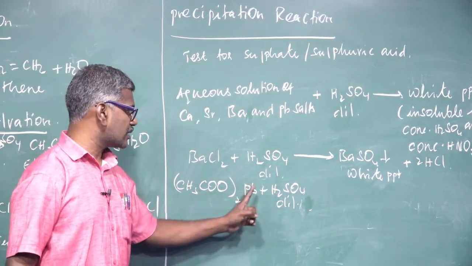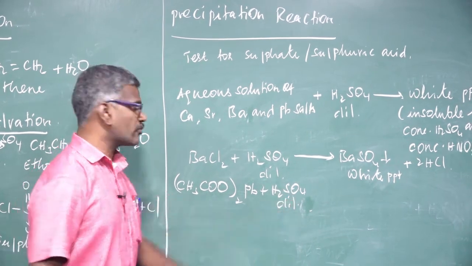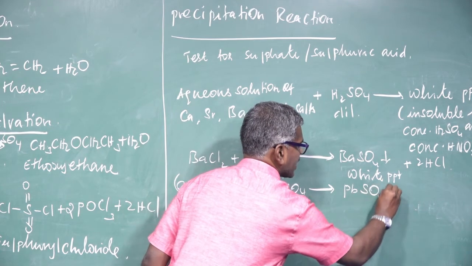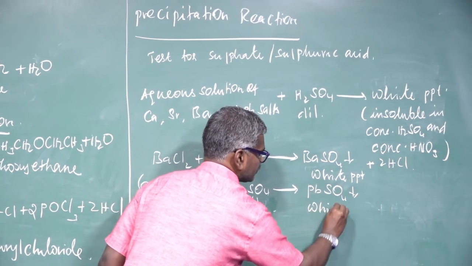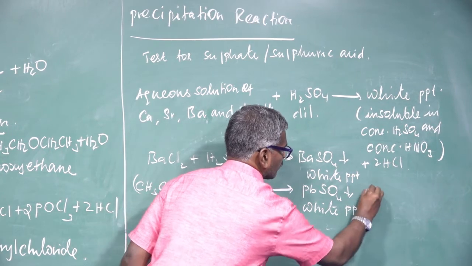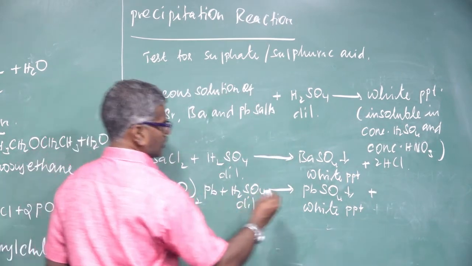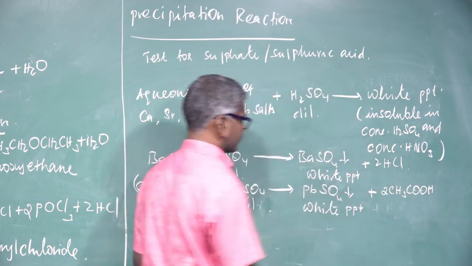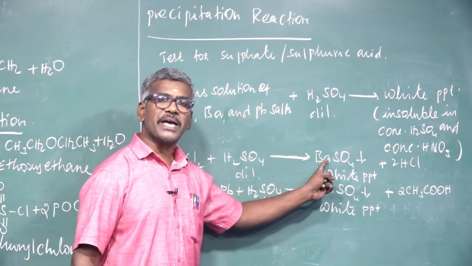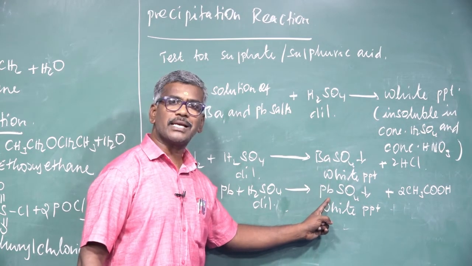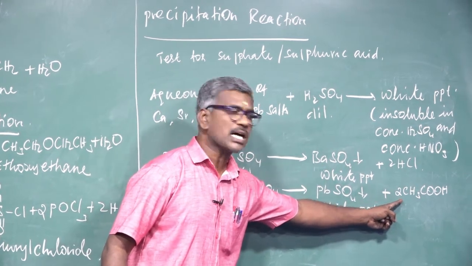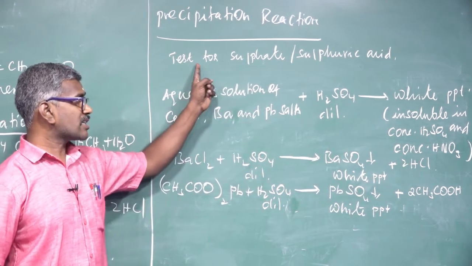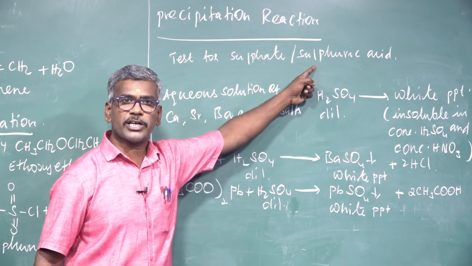Acetate reacts with hydrogen, and lead reacts with SO4 to form PbSO4 as a white precipitate, plus 2 times of CH3COOH. This one is barium sulfate, this one is lead sulfate, this one is acetic acid, and this one is hydrochloric acid. This is the test for sulfate and sulfuric acid.